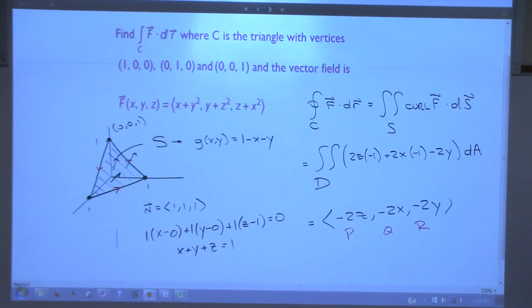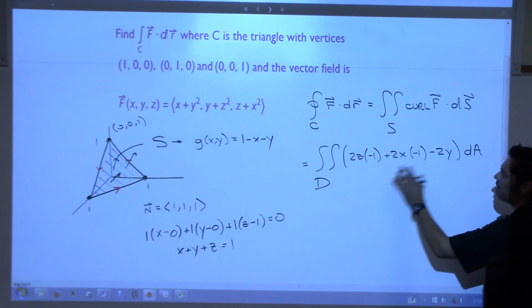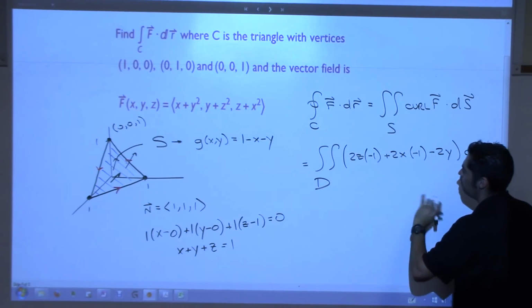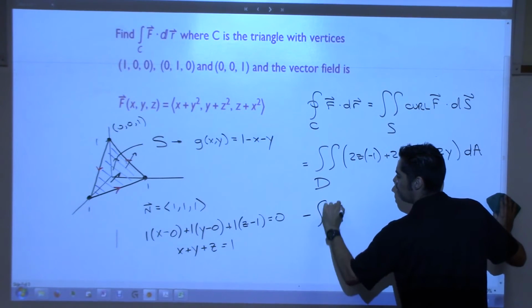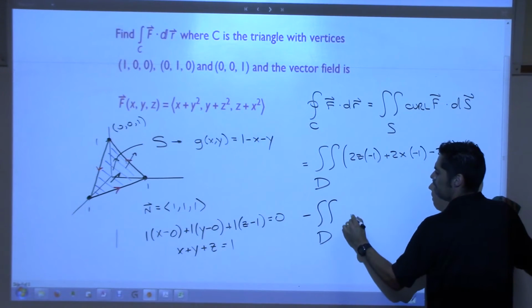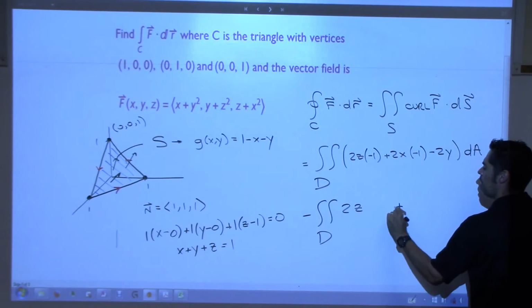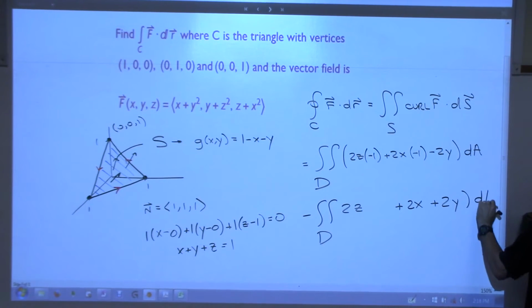Let me clean that up. They're all negative. Do you want me to pull a negative one out or just leave it? Pull it out. Negative double integral over D of 2z, I'm going to leave a space here intentionally, plus 2x plus 2y dA.